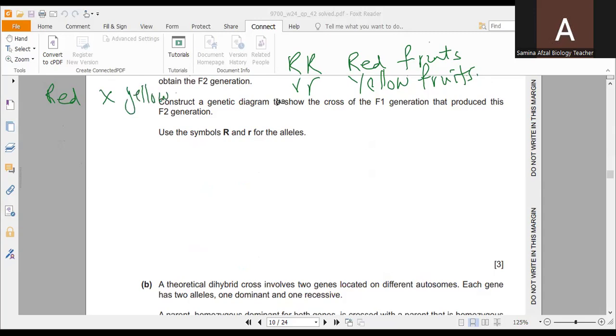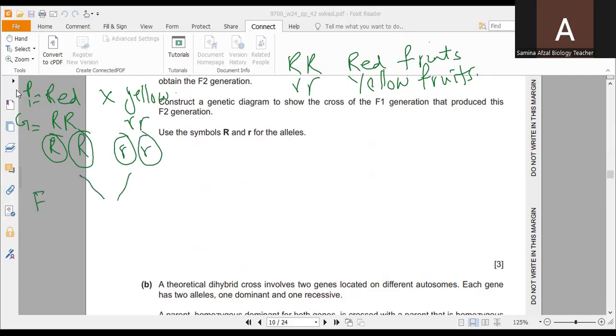So these are the parents, P1. Phenotype, and the genotype of the parents is capital R and small r. And gametes, and F1 is capital R, small r.